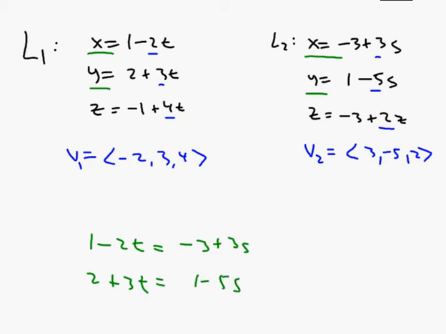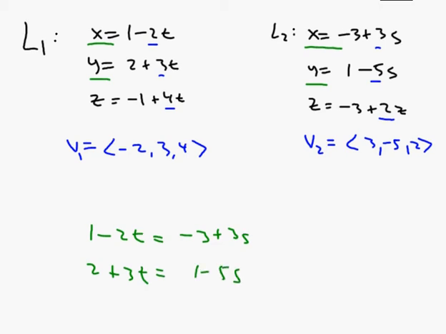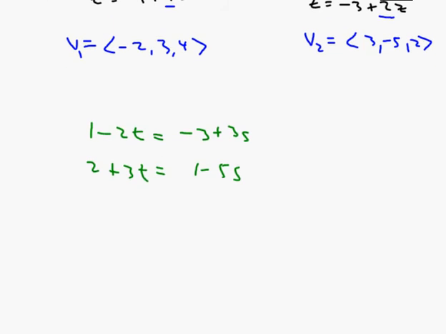Well, that is a system of two equations with two unknowns. So let's try and finish that, see what happens here. So we take this first equation. We get 4 minus 2t equals 3s. And then basically that means that 3s plus 2t equals 4.